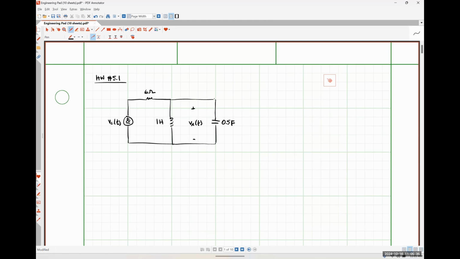Is this the right thing? Yeah. Okay. You were also told that you had a source voltage Vs of t that was given to be 20 U of negative t minus 20 e to the negative 5t U of t volts.